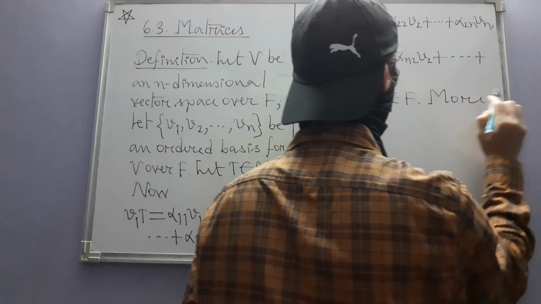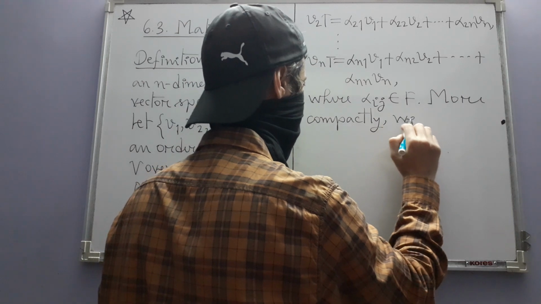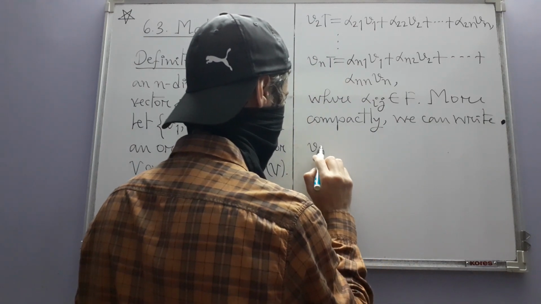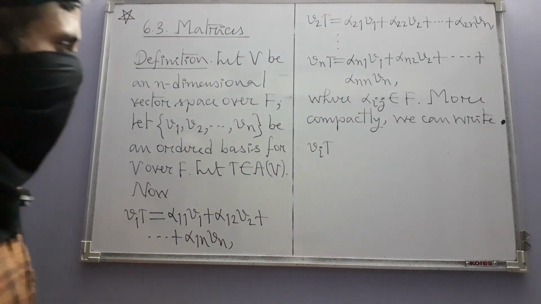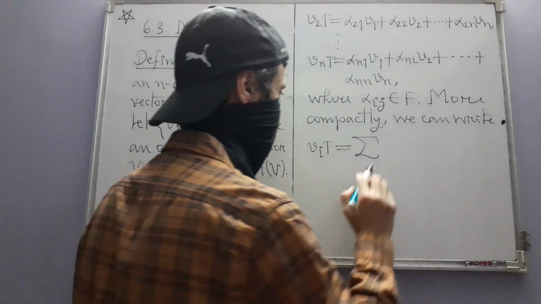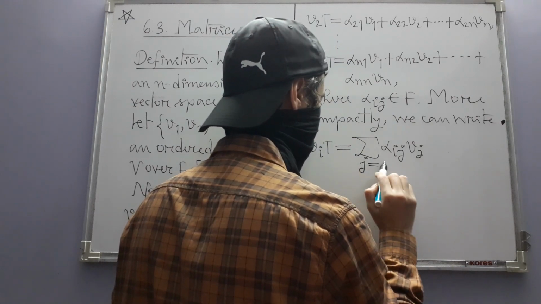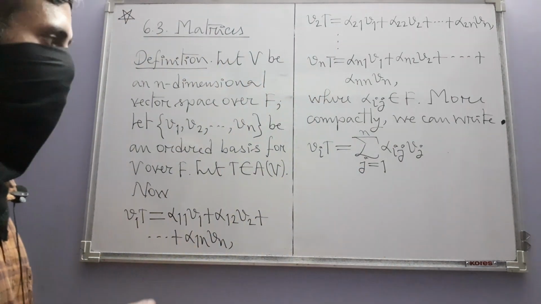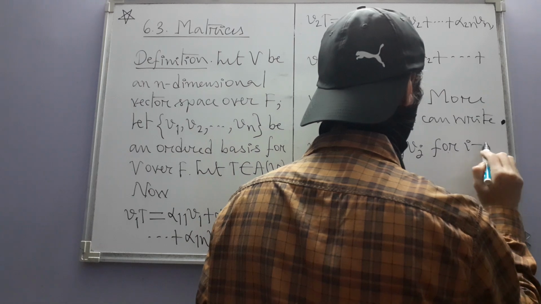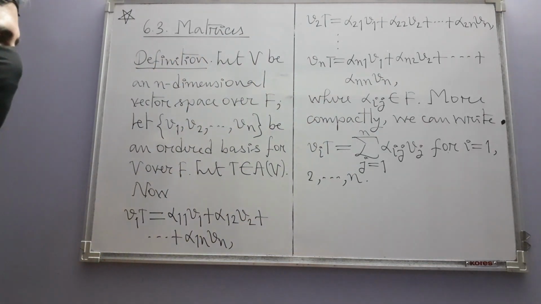More compactly, we can write Vit as the linear combination, which we can write using the summation notation as the summation of alpha ij Vj, where j varies from 1 to n, but the i itself also varies, for i varying from 1 through n.